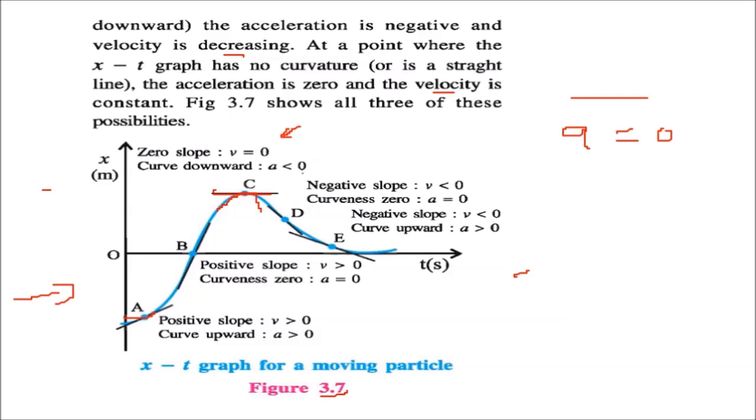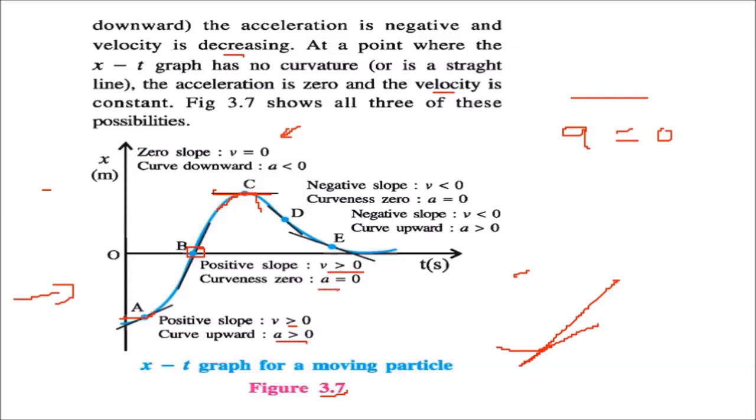If you are getting a straight line, then a is equal to 0. When we come here, we have 0 slope, so it is curved downwards, that is, acceleration is less than 0. In this case, we have a graph something like this.